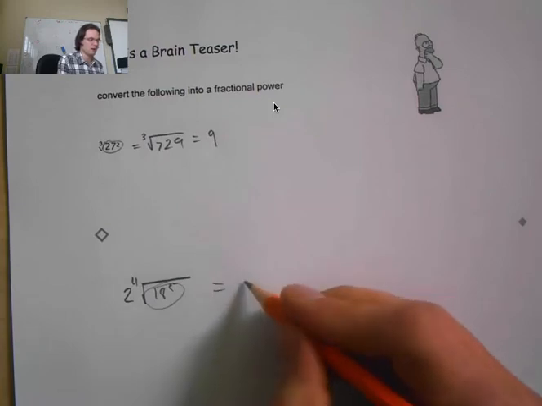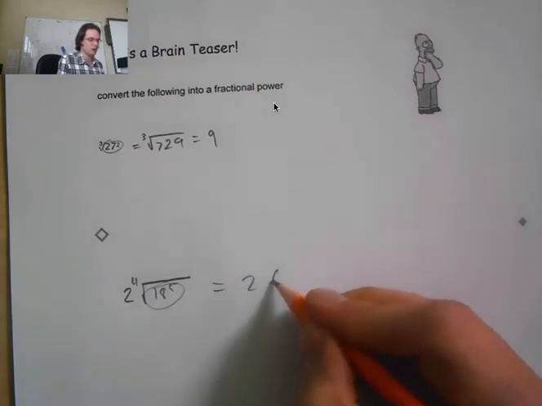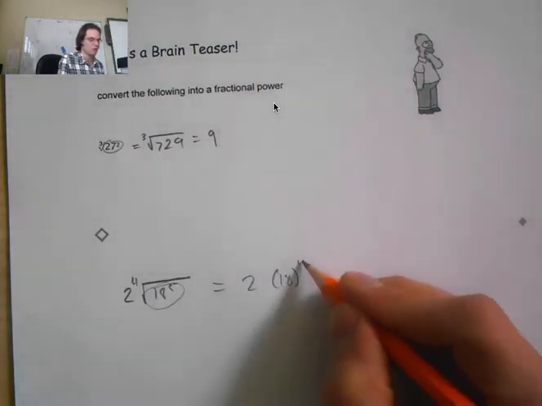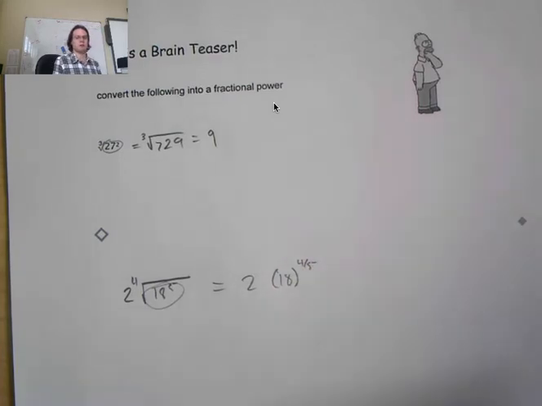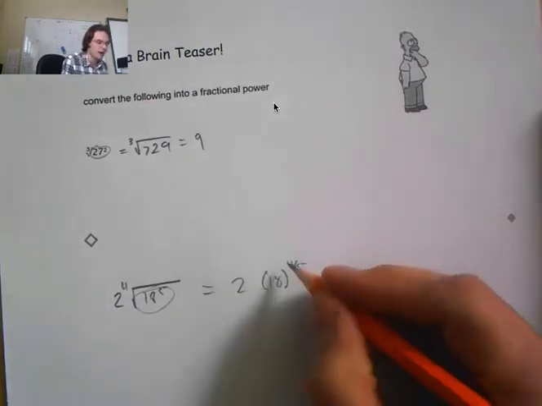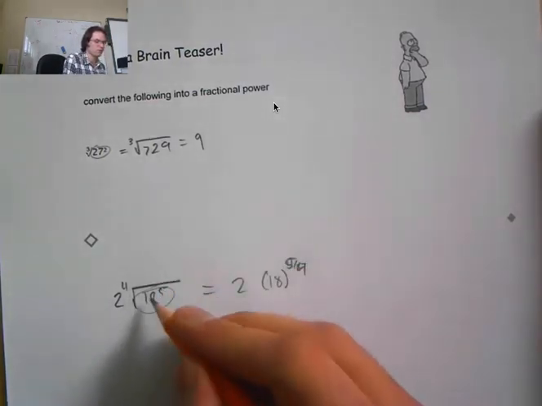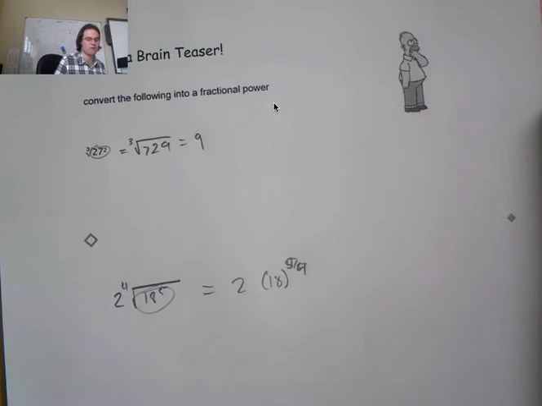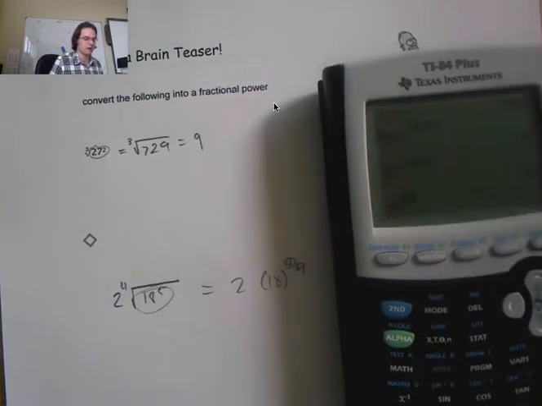So this is the same thing as 2 multiplied by 18 to the 5 over 4. So let's plug that in. So 18 to the power of bracket 4 divided by 5. This is the other way around, sorry, it's 5 over 4, because we have to put this to the power of 5. So to the power of 5, enter.